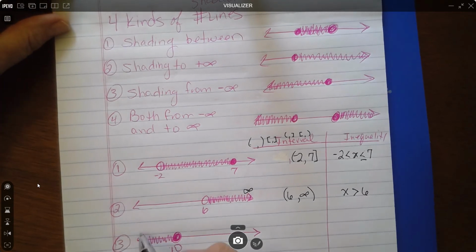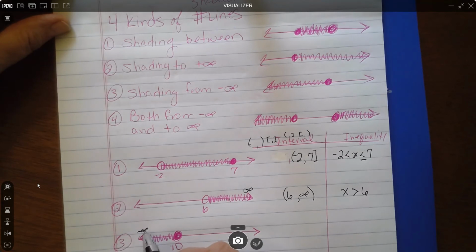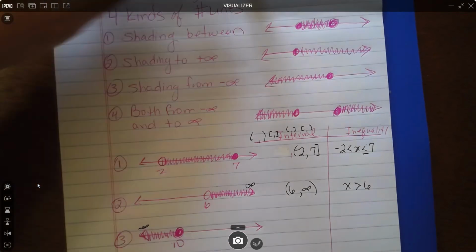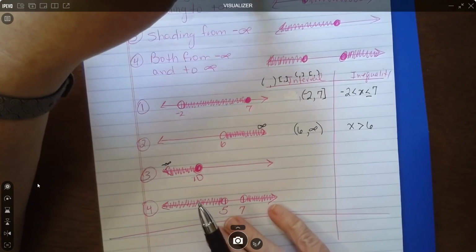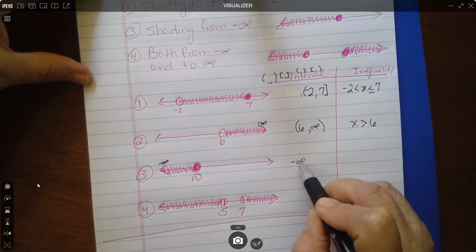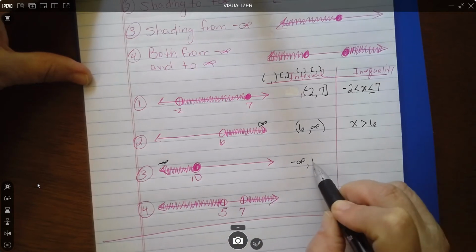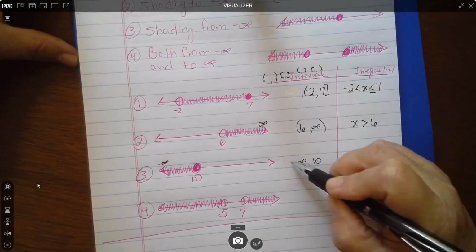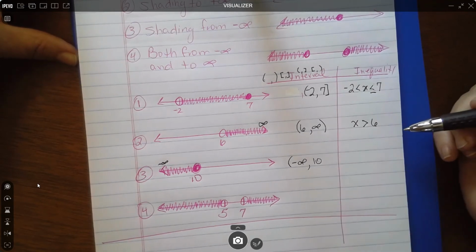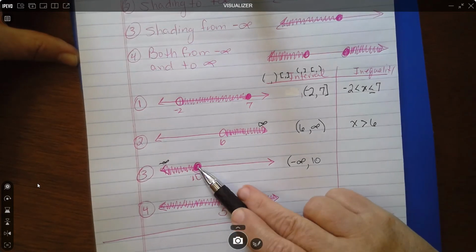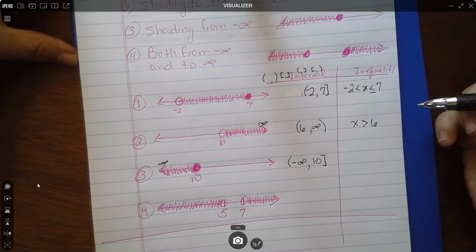When you have shading that starts at negative infinity, because it's going that way, then that's pointing toward negative infinity. So negative infinity is where it starts, so that's the one we're going to write down first. Put a comma and then put where it stops. Negative infinity always gets a parentheses. It will never, ever be a bracket. This number right here, since it's filled in, we're going to put a bracket.